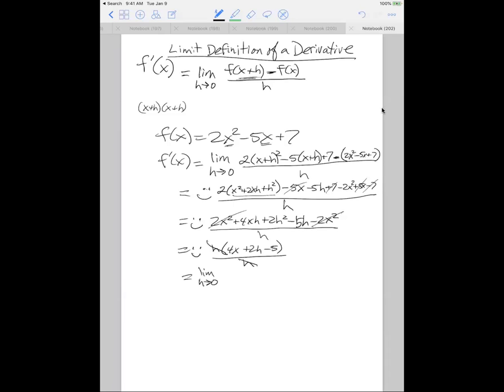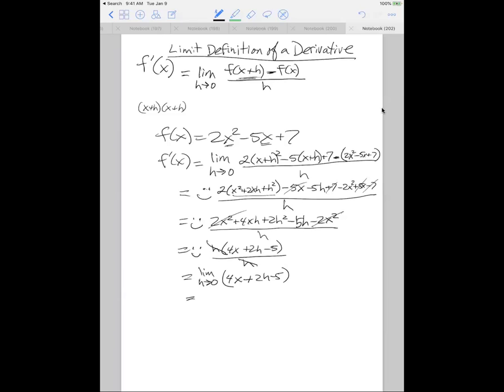We keep the limit coming down the side until the denominator goes away, and then we can plug in 0 for h, and that means we've got this scenario left. And that ends up giving us, as h goes to 0, now I'm plugging 0 in for h, so I no longer need to use the limit in front.